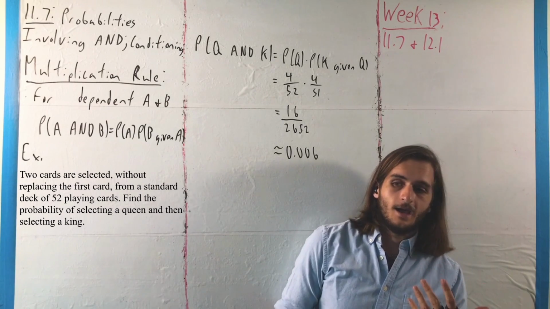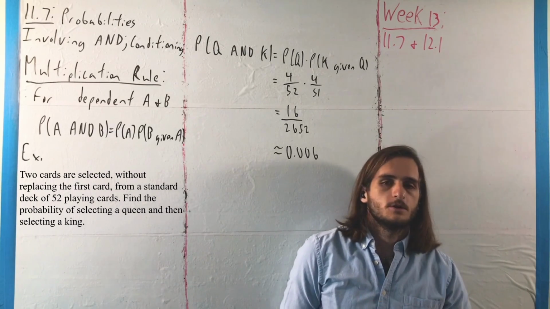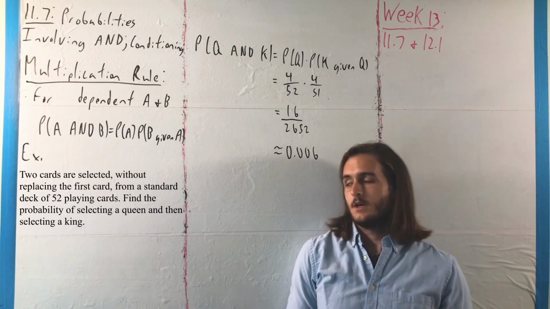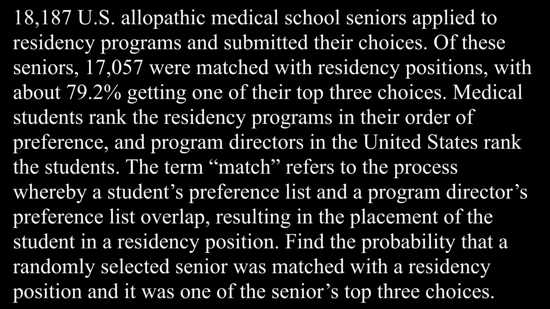So, since we had a classical approach here of dependence, let's also take a more empirical approach as well for the sake of balance. For this example, 18,187 U.S. allopathic medical student seniors applied to residency programs and submitted their choices.